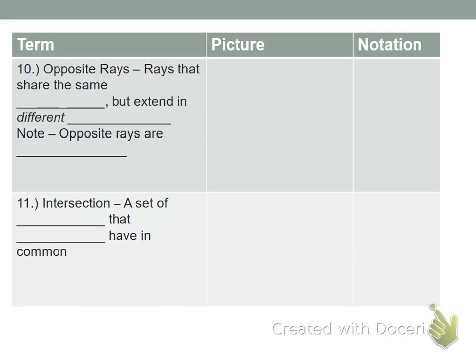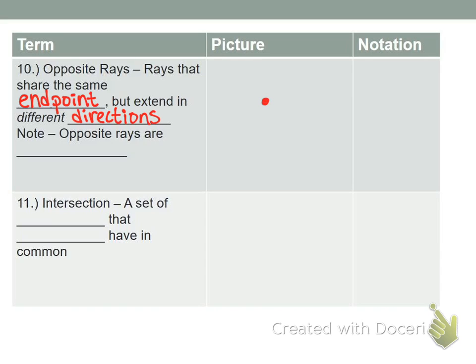Opposite rays are rays that share the same endpoint but extend in different directions, or really opposite directions. Let's see if we look at a picture, you can tell me what goes in that blank.